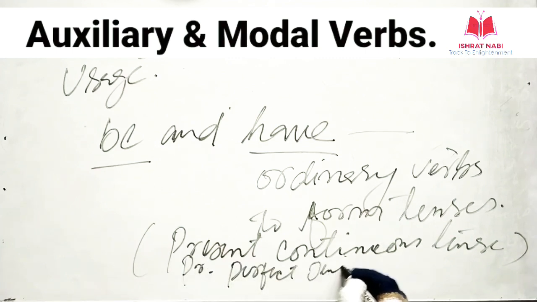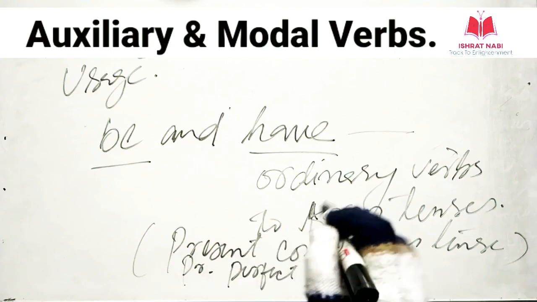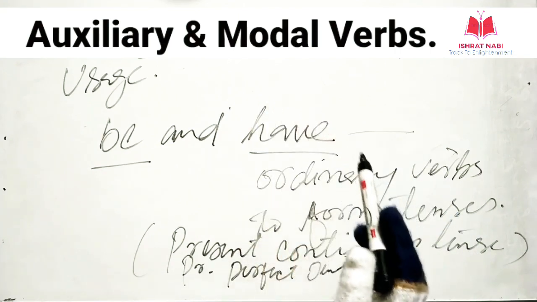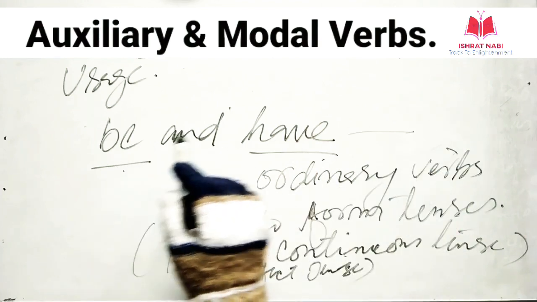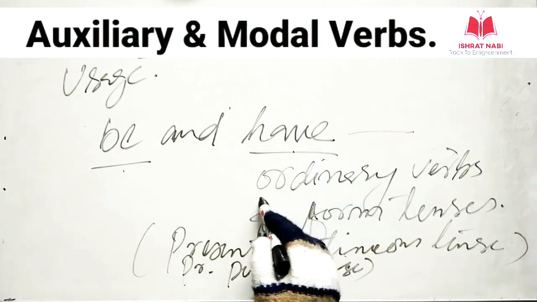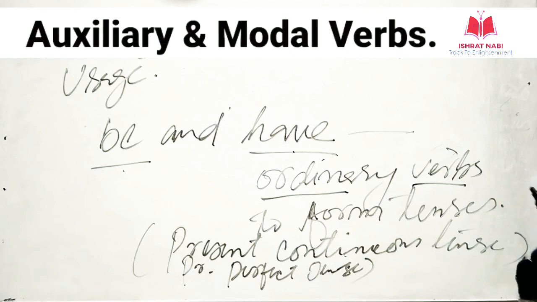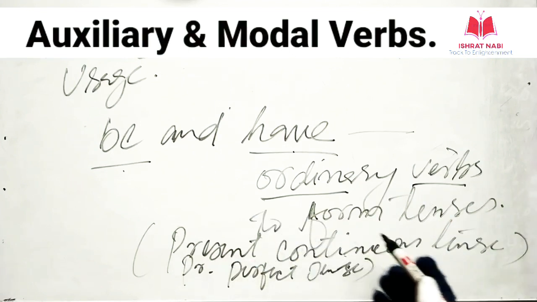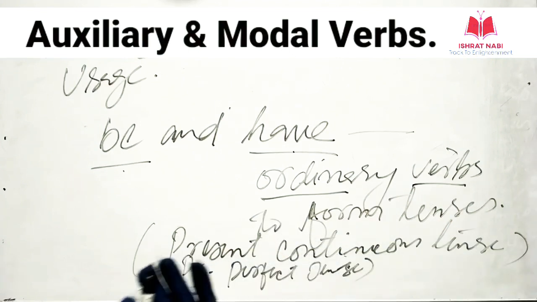Remember this. The second use is that the auxiliary verbs be and have are used with ordinary verbs to form tenses, like present continuous tense and present perfect tense.